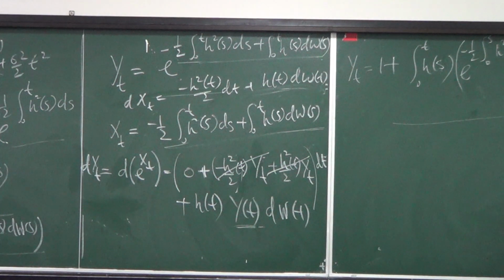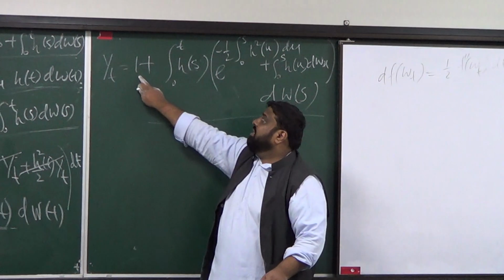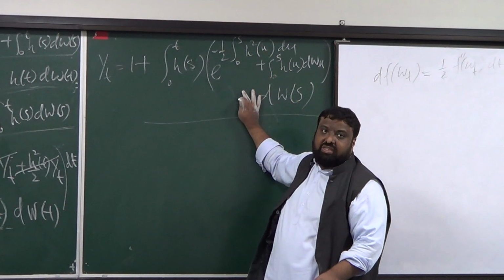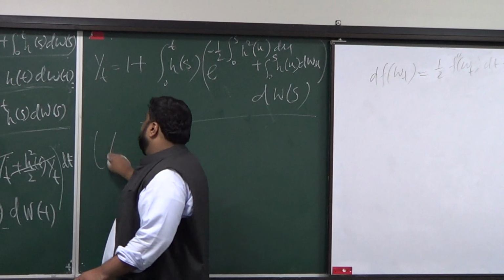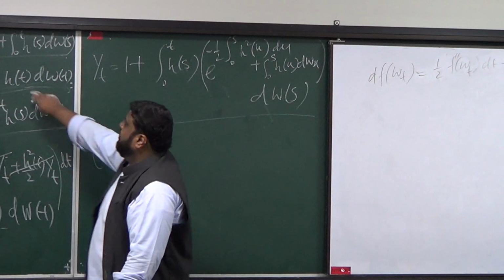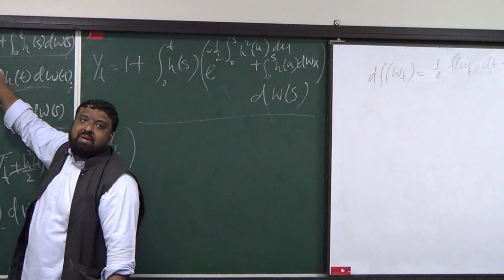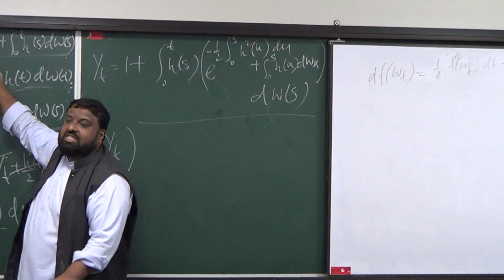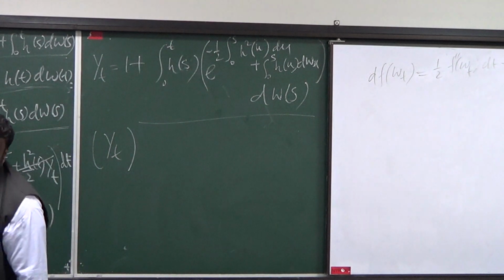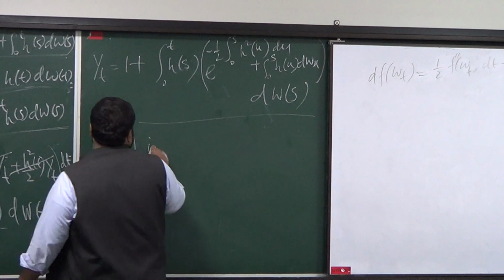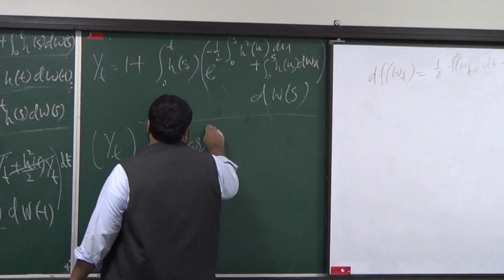Okay, we reached here. And what is this representing? So I have a constant plus a martingale. So this yt, which is an exponential process, is a martingale. At least in the case when h is deterministic.